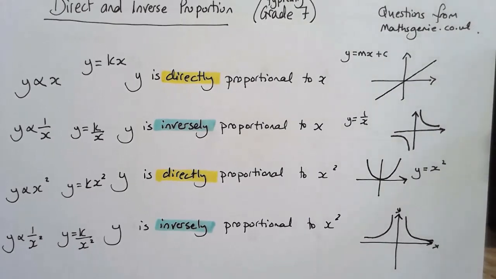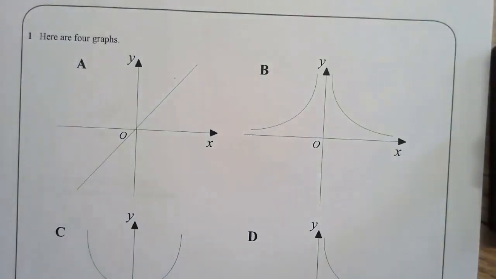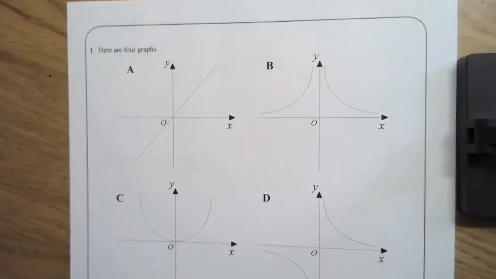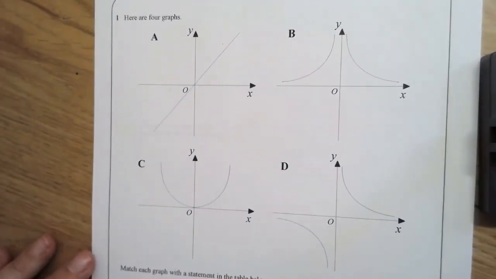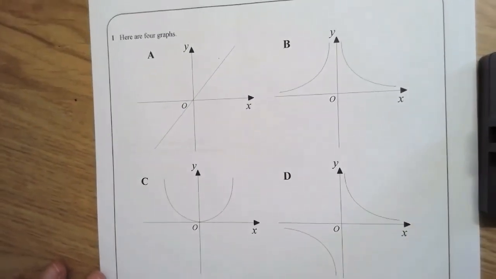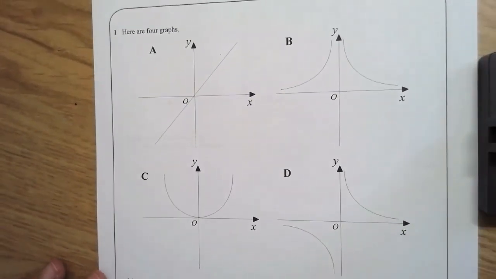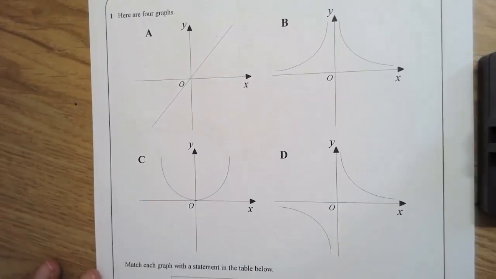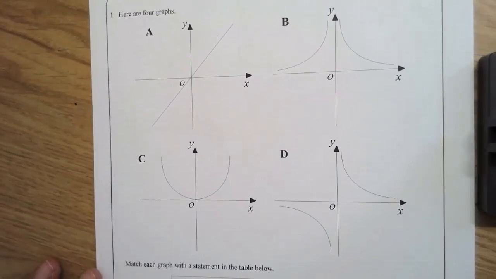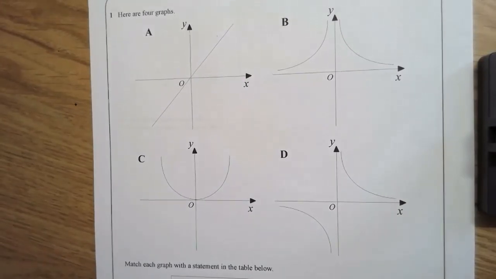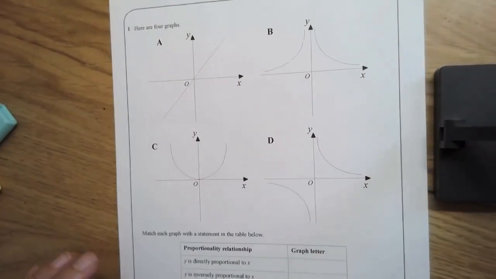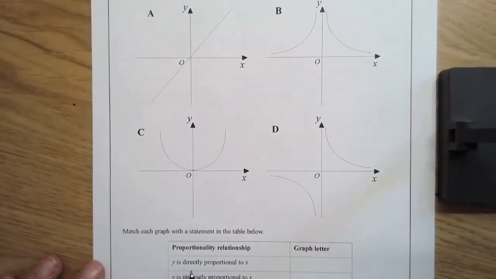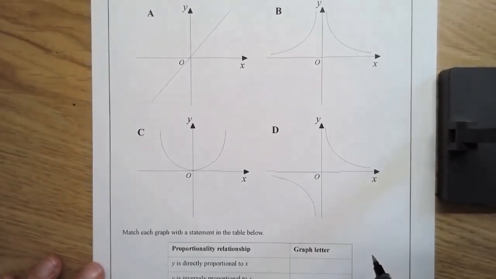So if you use that information and we look at this here, we have to work out which is which graph. So just see if you can remember which one is which. And then I'm going to just bring it out. Y is directly proportional to x.